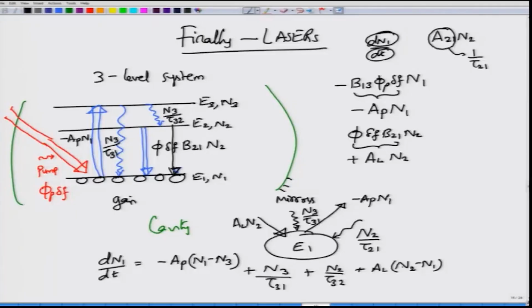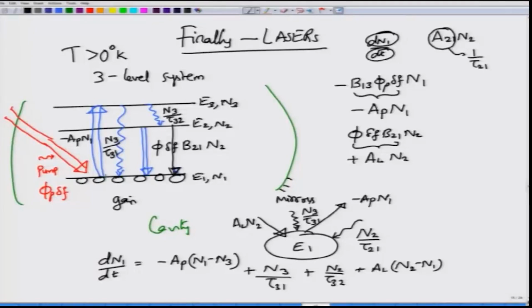The reason why I have written N1 minus N3 is simply that since this laser is operated at a temperature greater than 0 degrees Kelvin, there will be thermal energy, and because of thermal energy the initial populations at N3 and N2 are non-zero. You are not interested in the actual populations, but in the population difference that comes about.